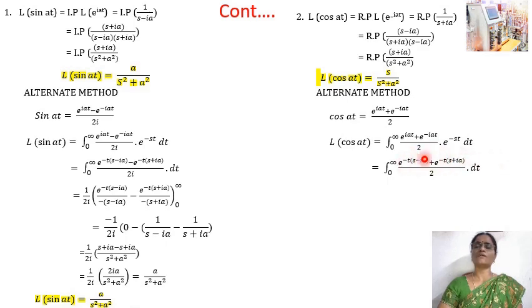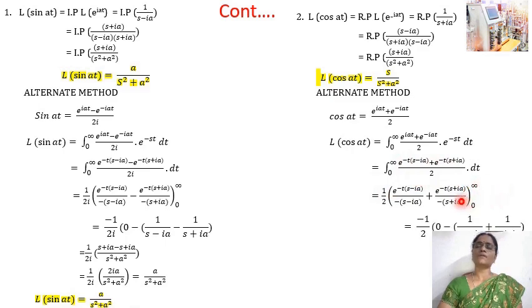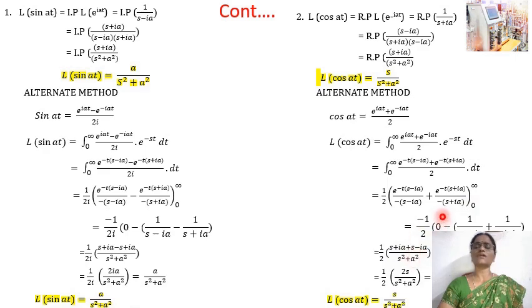If you add the powers, you will get the form like that. Now take 1 by 2 outside, go for the integration individually, then apply the lower and upper limit. After applying the limits, you will get the answer s upon s squared plus a squared. So this is the formula for cos at.